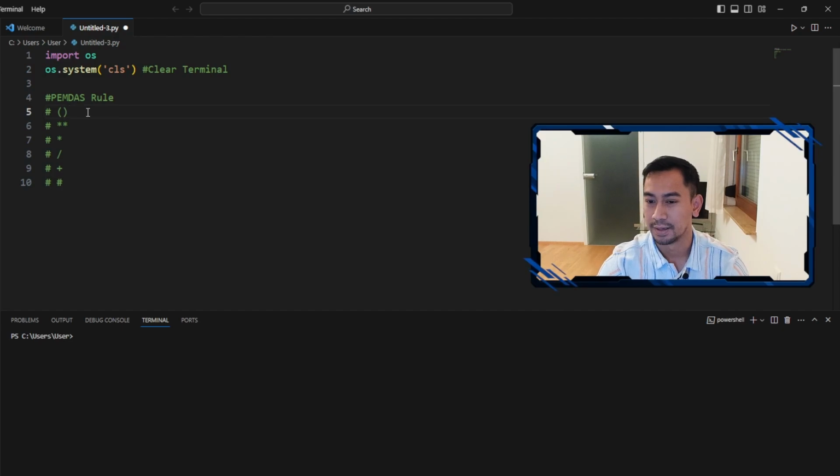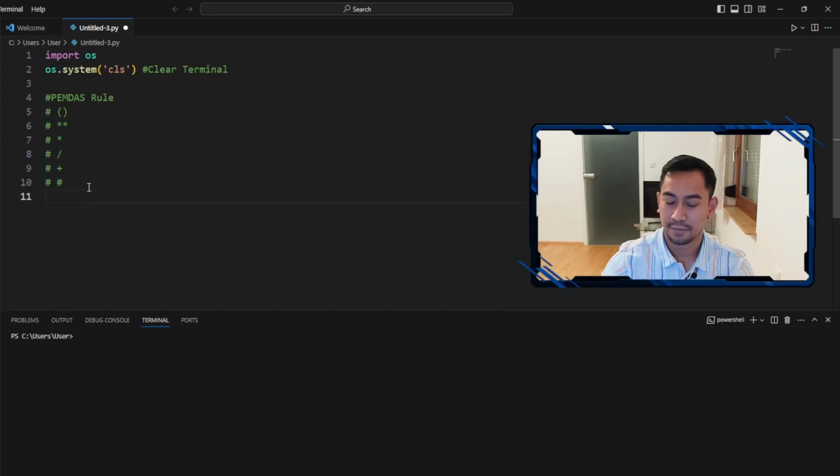So: parentheses, exponentiation, multiplication, division, addition, and subtraction. All right, so these are the PEMDAS rule. The idea is whatever is inside the brackets, we do that first, and then comes exponentiation, and then multiplication, and so on and so on.